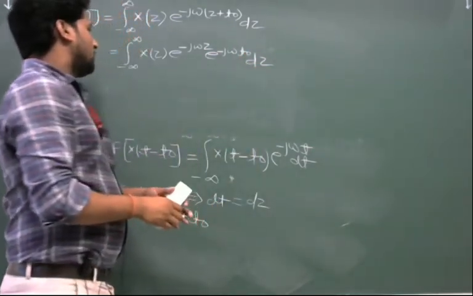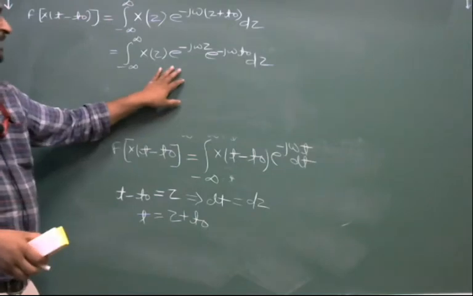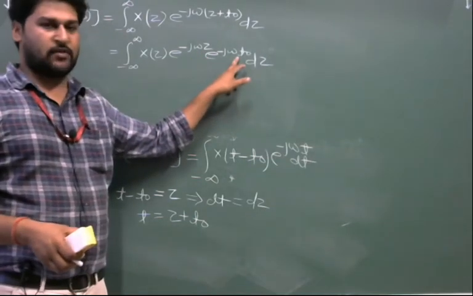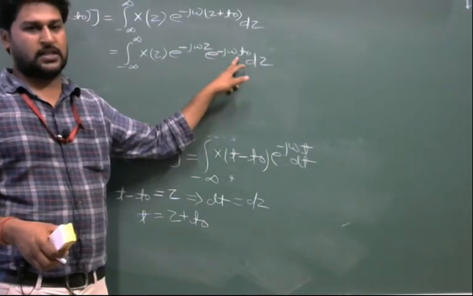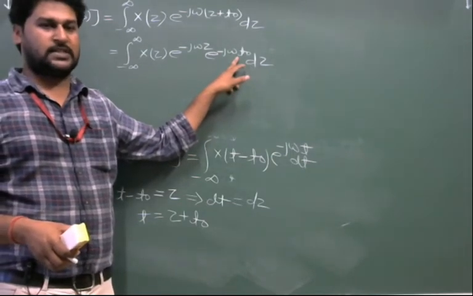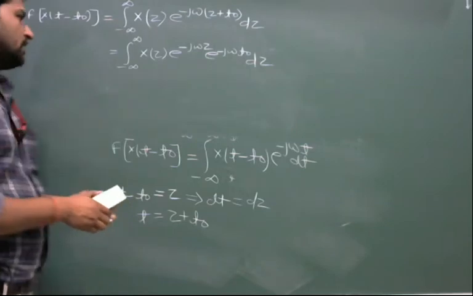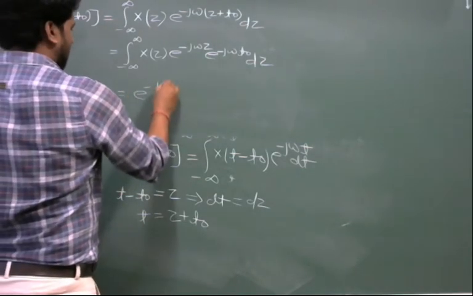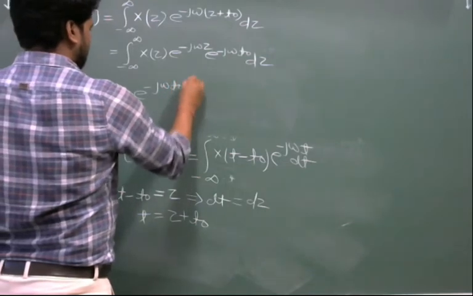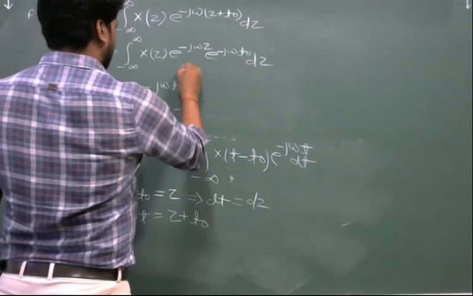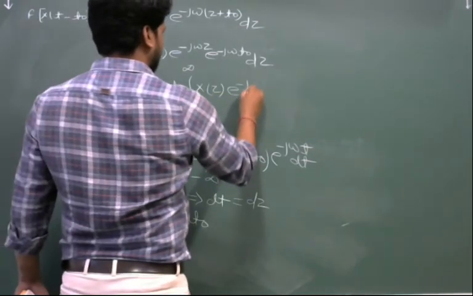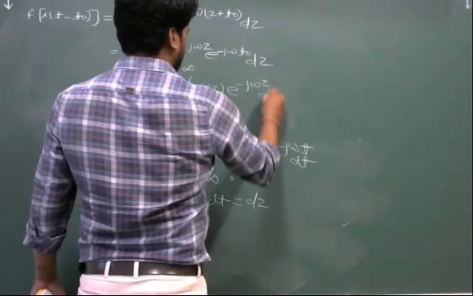Now because I am integrating this function with respect to z, this e power minus j omega t naught will be a constant. I will put this term outside of this integration, and this will become e power minus j omega t naught integration from minus infinite to plus infinite x of z e power minus j omega z dz.